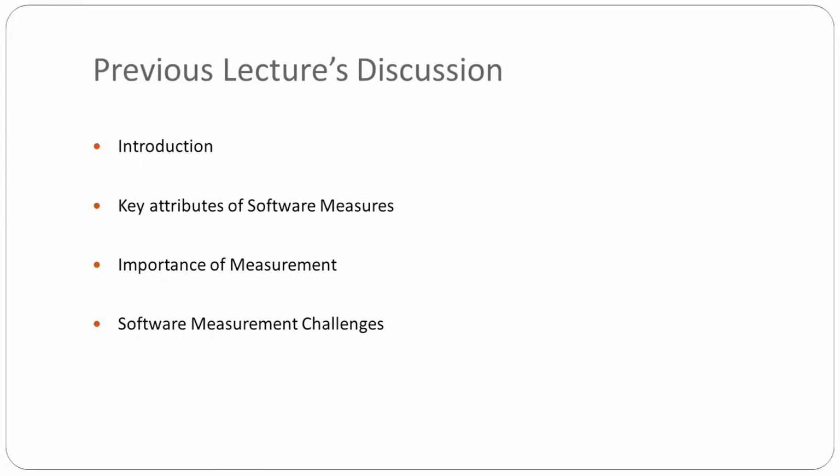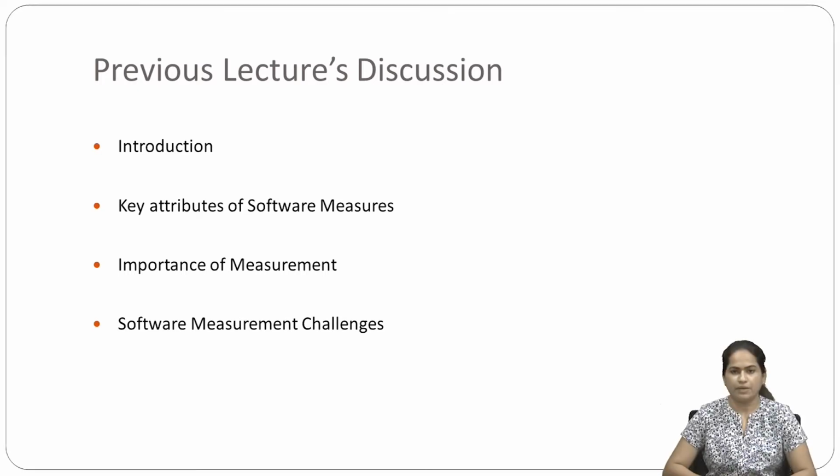Dear learners, in the previous lecture we discussed how we are going to measure the estimation of software, the different key attributes which help us in our software, and the importance of measurement, that is, why measurement is important and why we require it.